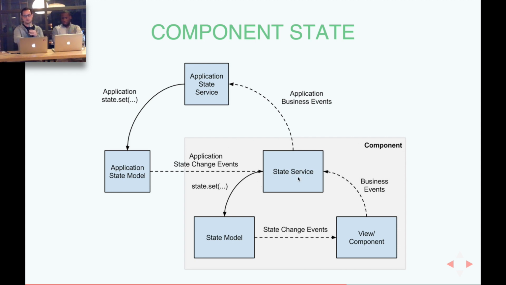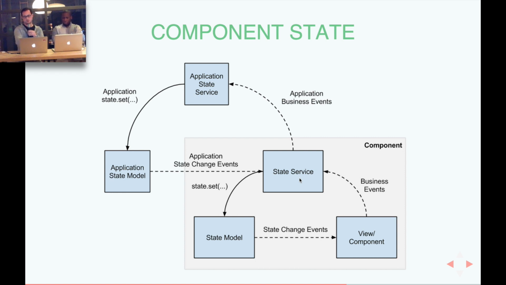Now within that component, it has its own state. It's keeping track of its own state. And we're doing it with a separate state model, but that's not necessary. You could use one model. You don't have to break it out. But we had so much interactivity, we wanted to keep interactive states separate. So we have a data model and a state model going all the way through our views.